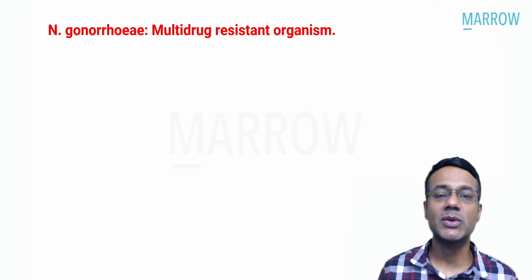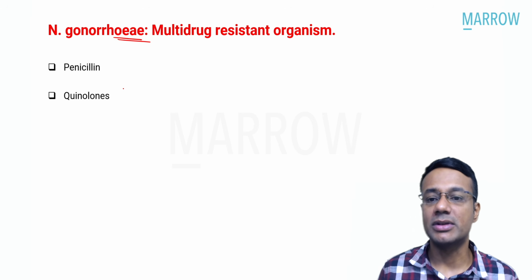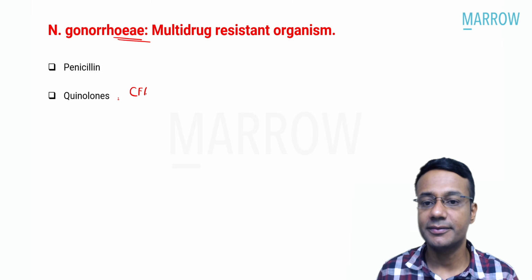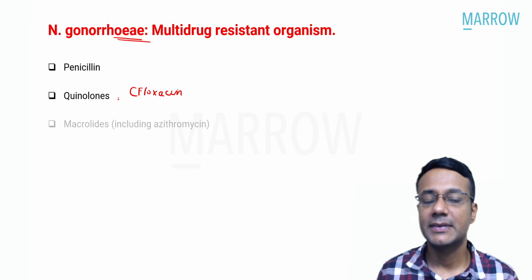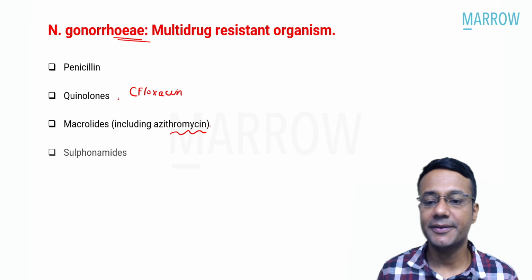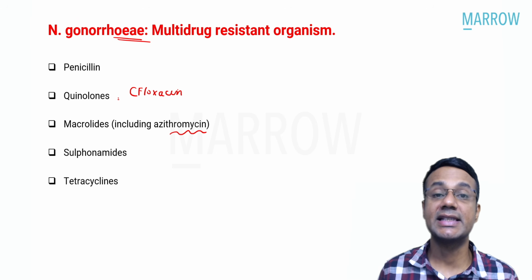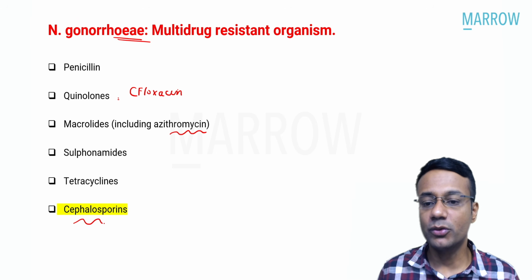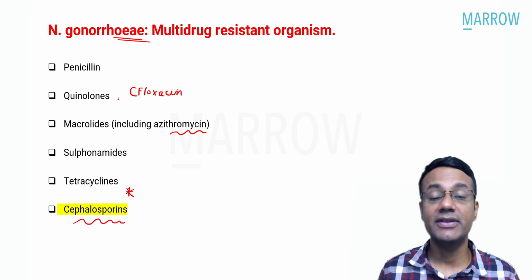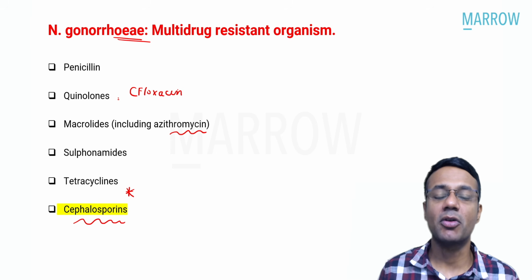Initially, for this condition, penicillin was considered as the drug of choice, but now, however, this Neisseria gonorrhoeae organism is showing resistance to penicillin, quinolones like ciprofloxacin, macrolides like azithromycin, sulfonamides, tetracyclines, and the drug which is currently considered as the drug of choice for Neisseria gonorrhea is ceftriaxone, and now few reports are there which show resistance to even cephalosporins like ceftriaxone. That is why this is a problem which is very important when you treat patients with sexually transmitted infections like gonorrhea.